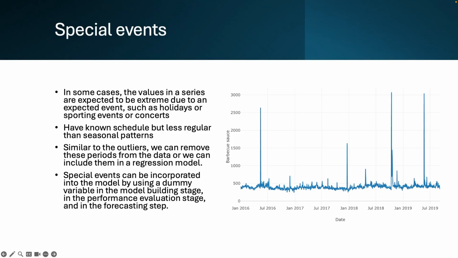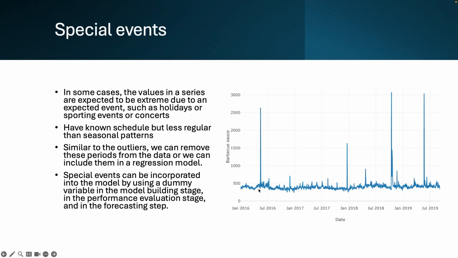But sometimes special events have a known schedule but are less regular than seasonal patterns, and they are typically shorter, like Christmas Day, for example, Thanksgiving Day. So, like holidays. These are special events like holidays that affect the series, such as customers' arrivals and sales. So, if you look at the data set, you see that we have special events here.